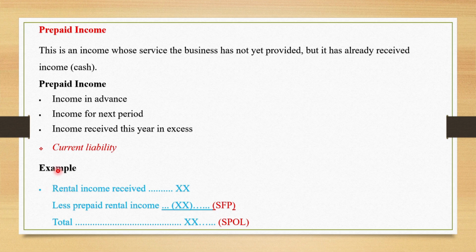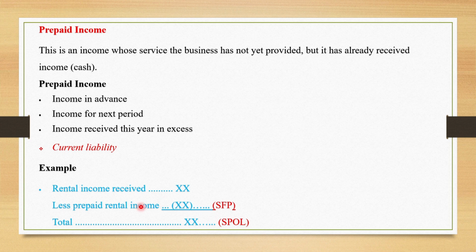Yes. Here we have an example. We have rental income received. In that rental income received, you have to deduct the prepaid rental income, the one that you have not provided the service. Yes, you have to deduct it, and then the total you get, you will record it in the statement of profit or loss.